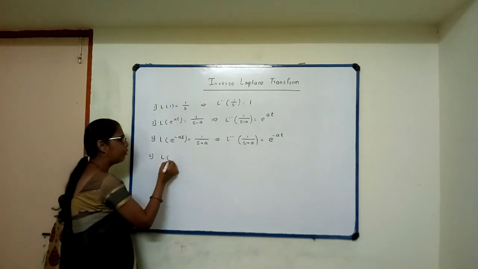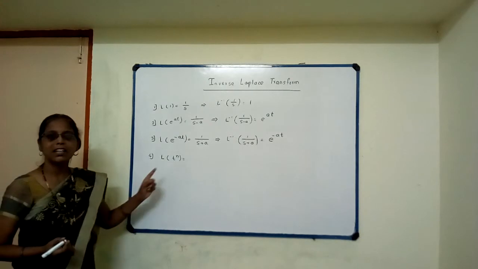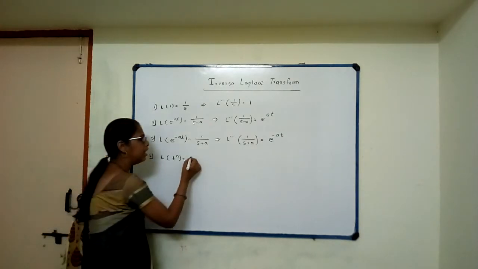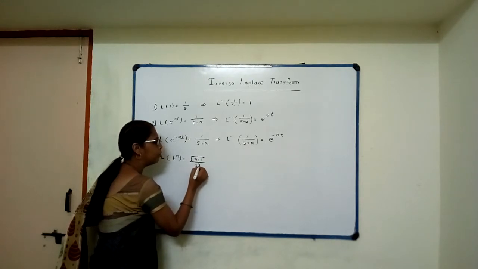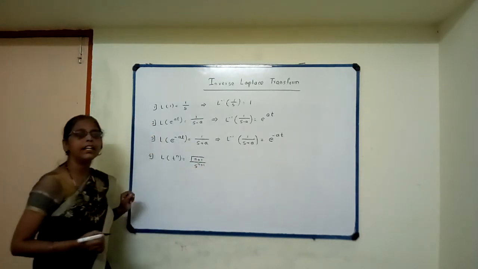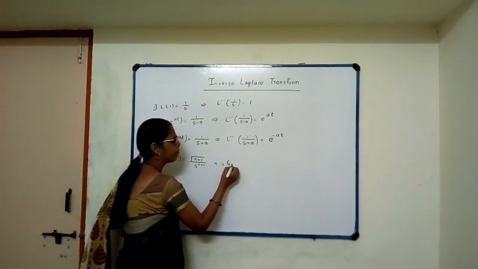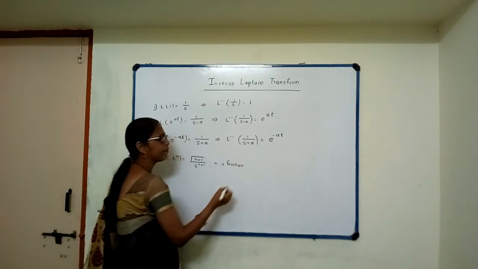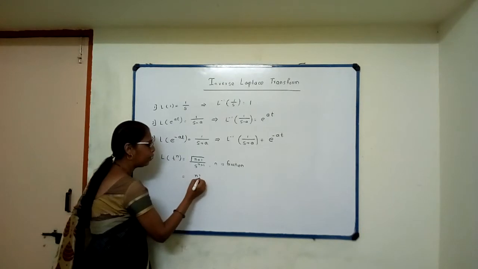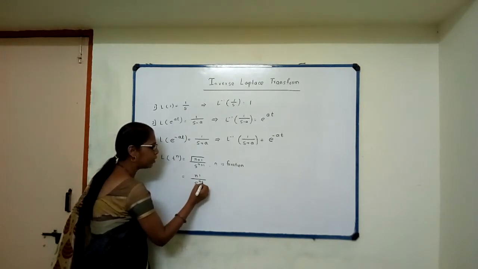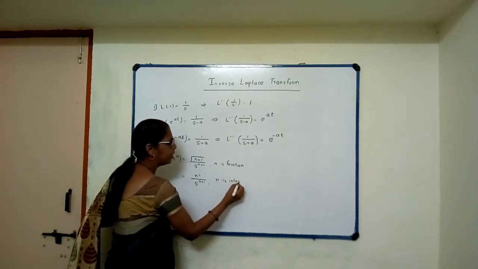Laplace transform of t raised to n is equal to, we know Laplace transform of t raised to n is gamma n plus 1 upon s raised to n plus 1 when n is a fraction, and is equal to n factorial upon s raised to n plus 1 when n is an integer.